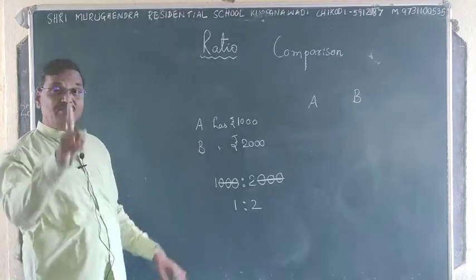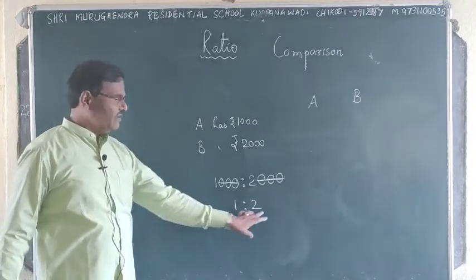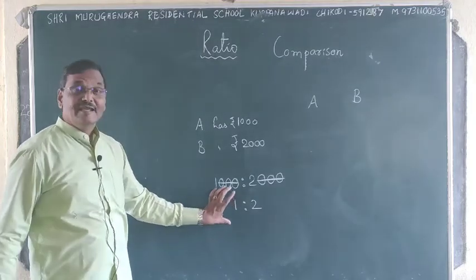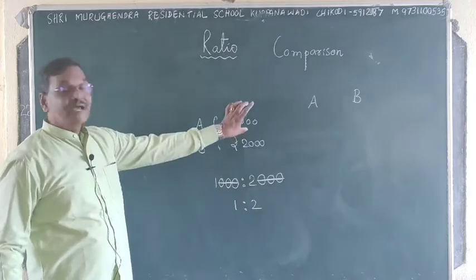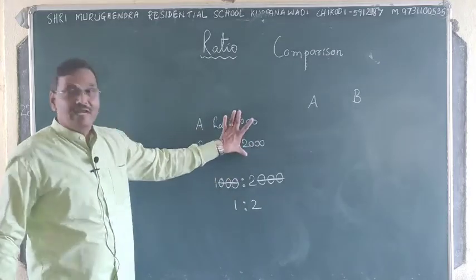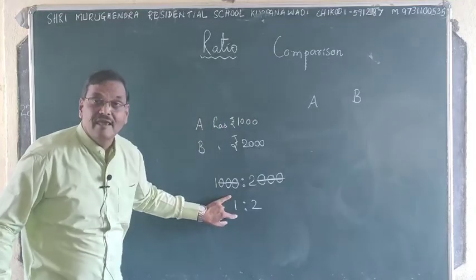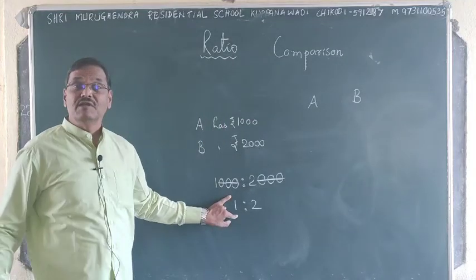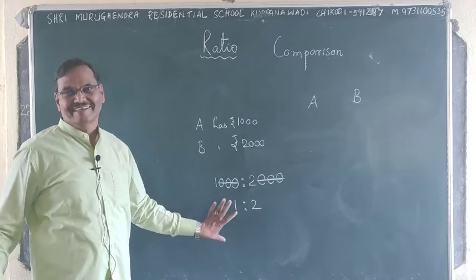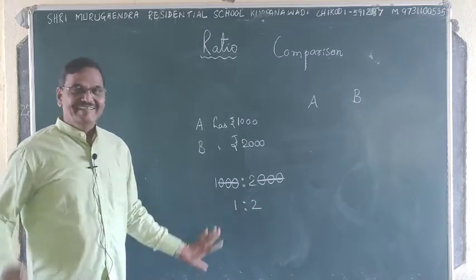If A has 1 rupee, then B will have double of A. In this ratio, this man has 1,000 and this man has 2,000. A is having 50% less than B. Isn't it? What did you understand now?